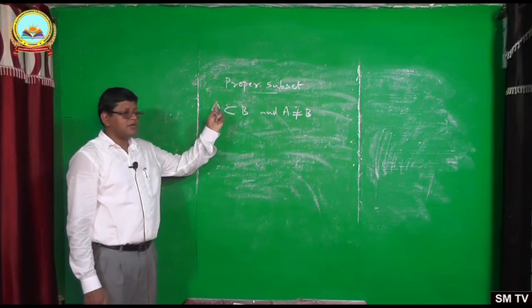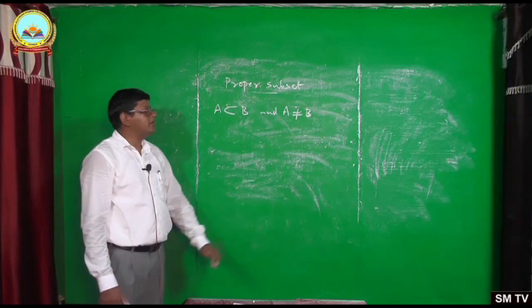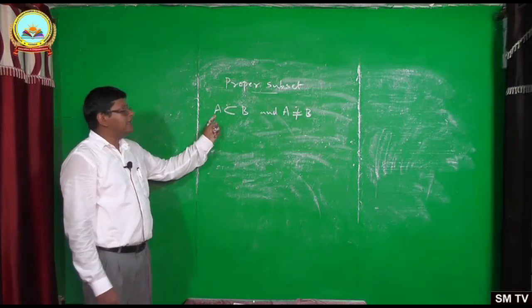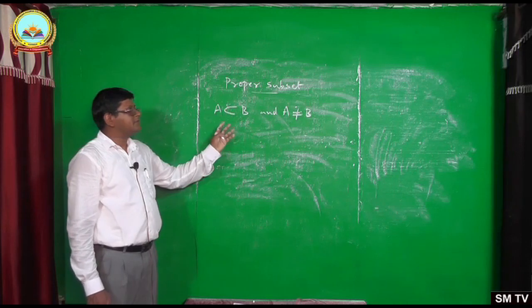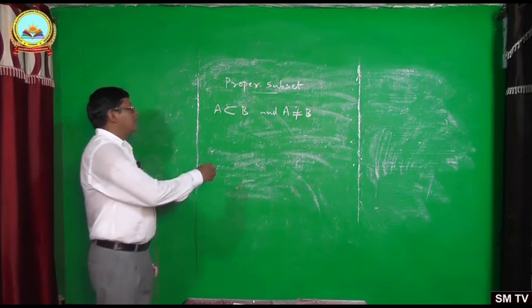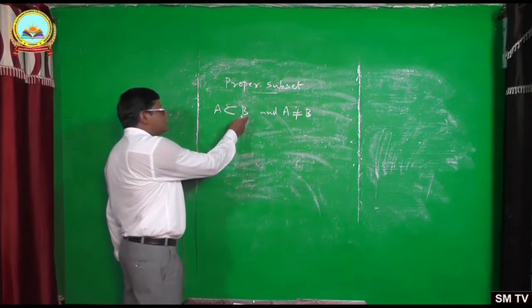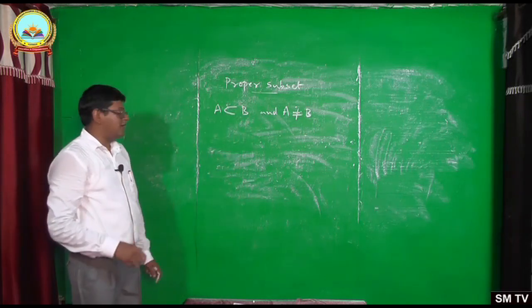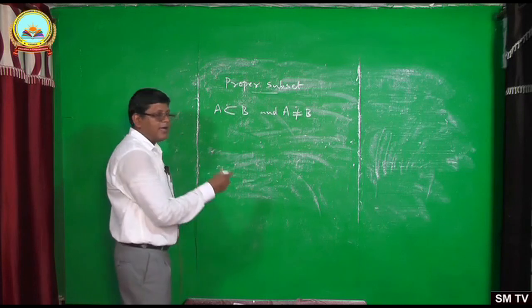If A is a subset of B and A is not equal to B, then we say A is a proper subset of B. Okay, and B is called a superset of A.